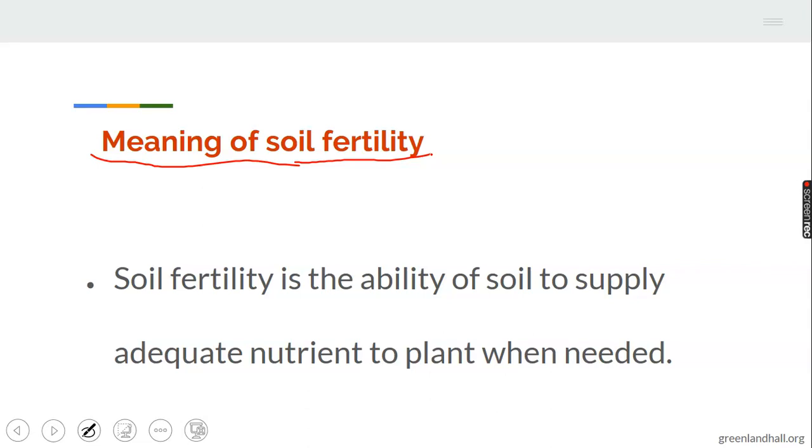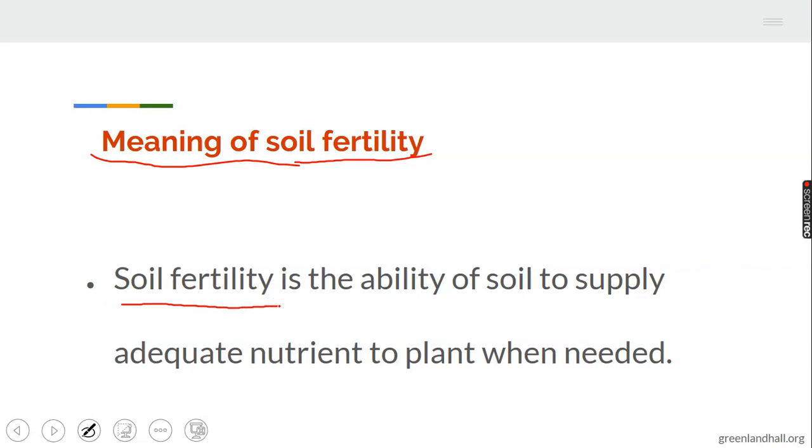That is the simple definition of soil. Soil supports the growth of plants. Take note of that.